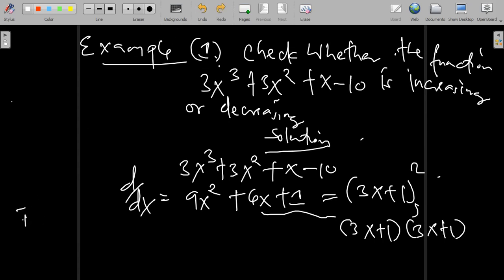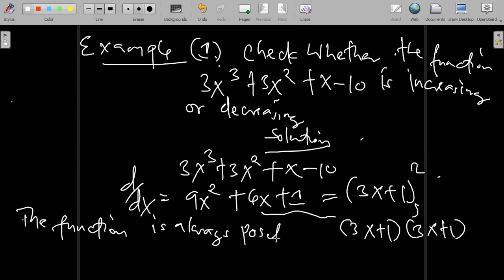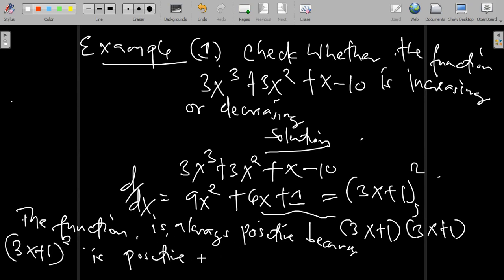The function is always positive because (3x plus 1) squared is positive, since the square of a real number is always positive.